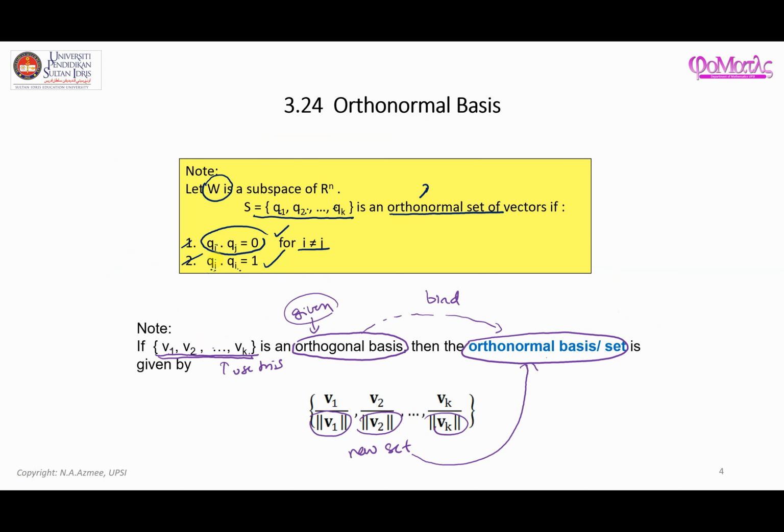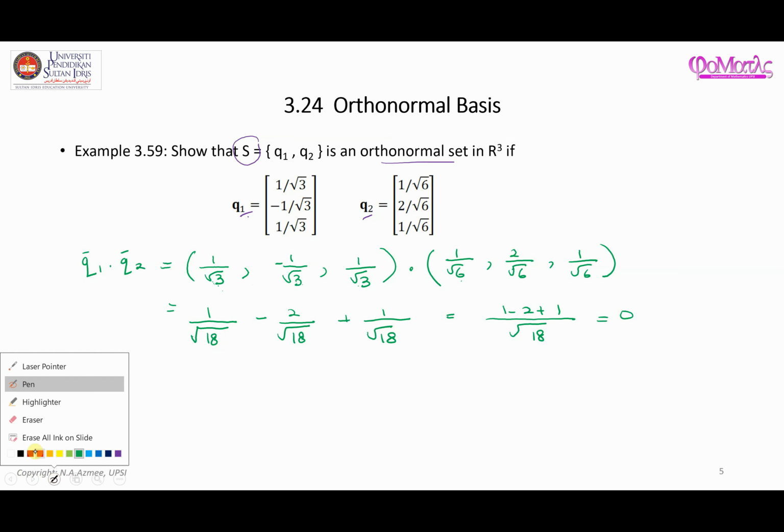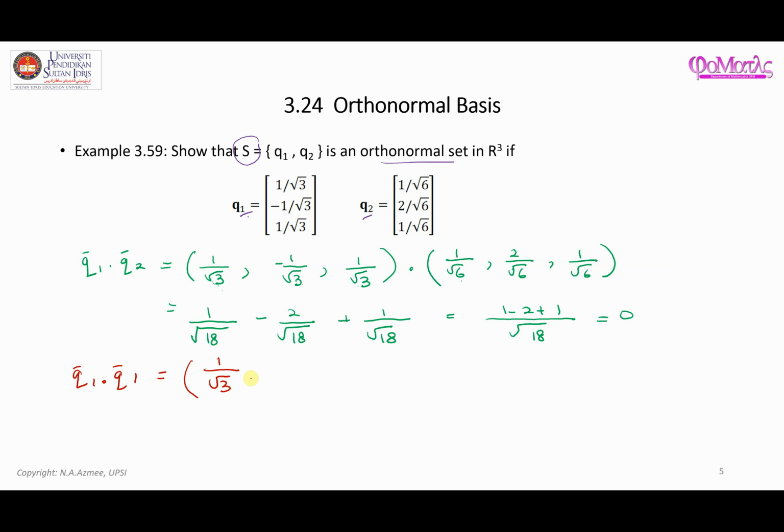And also, if you want, we can try and demonstrate that the result of this is equal to 1 as well. So we can do it. Maybe we can start off with q1 dot q1. So here we have 1 over square root 3, negative 1 over square root 3, 1 over square root 3, multiplied by itself. Okay. And we're going to consider multiplying by components.